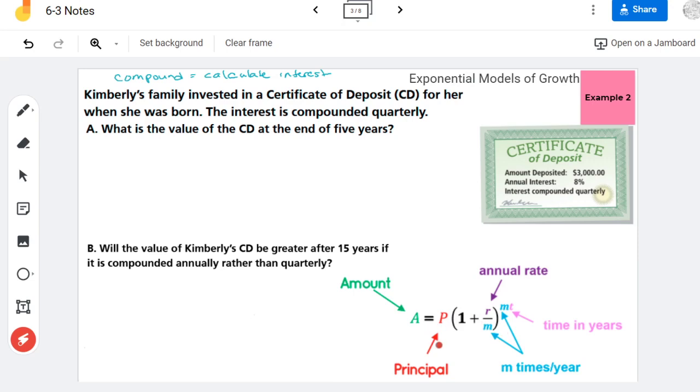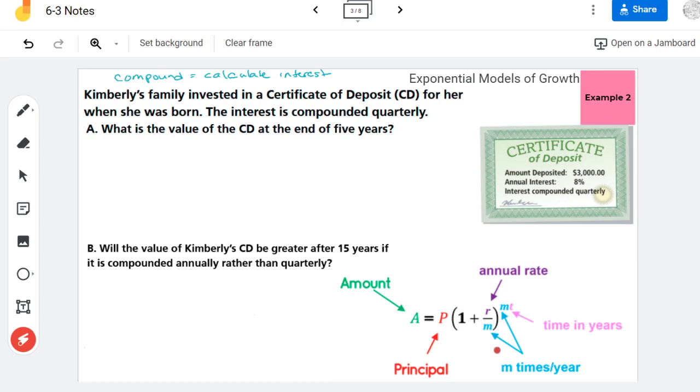But here, now what we're doing is we're bringing in this concept of compounding, okay? So what we do is we take that rate as now our annual rate, so how much it grows in a single year. And then this m that appears twice happens to be the number of times a year that something's happening. Is it quarterly?